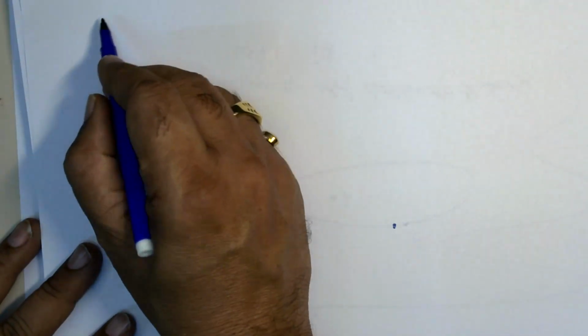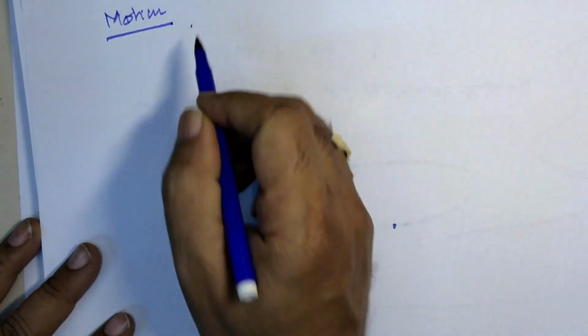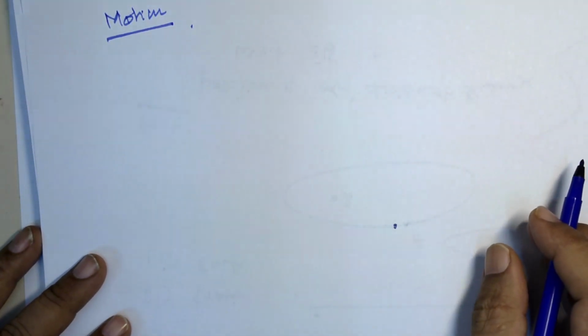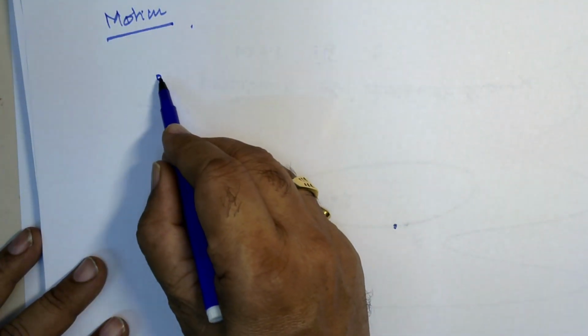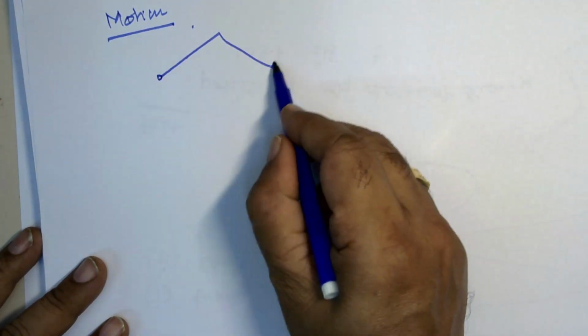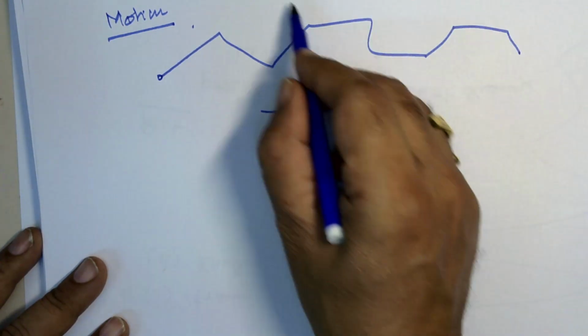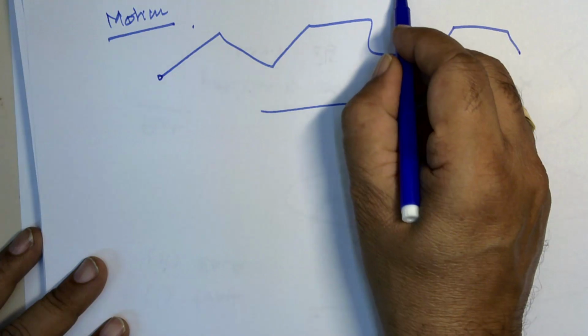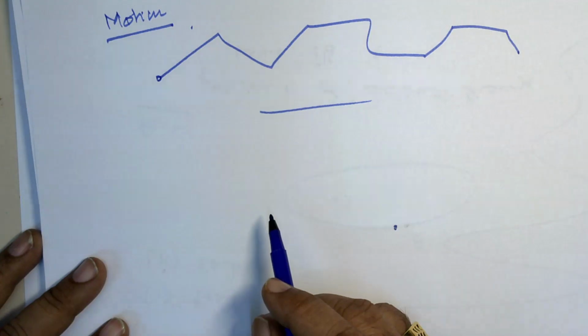Now let us consider the motion. When the position of an object is continuously changing with its surrounding, then it is said to be in the state of motion.